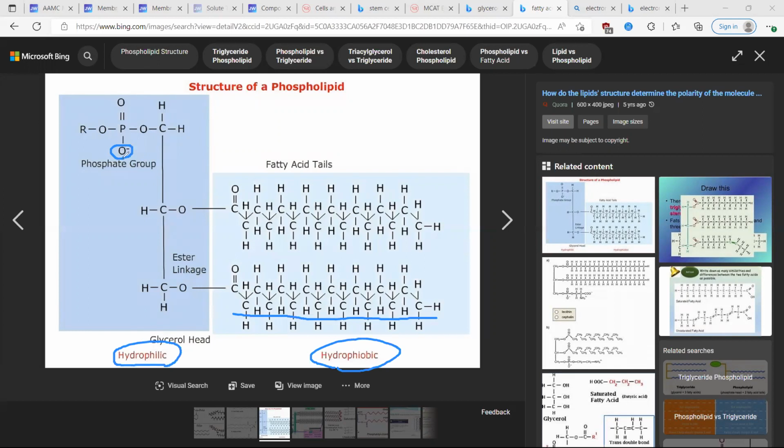This oxygen is taking more electrons, and these oxygens are all taking electrons from that phosphate group. And this one is taking so many more electrons that it's fully negatively charged. So you can look at charge, but charge is not the be-all and end-all. It's more about how uniform everything is. But I will tell you, in general, these long carbon-hydrogen chains are hydrophobic and nonpolar. That's a fact to know.